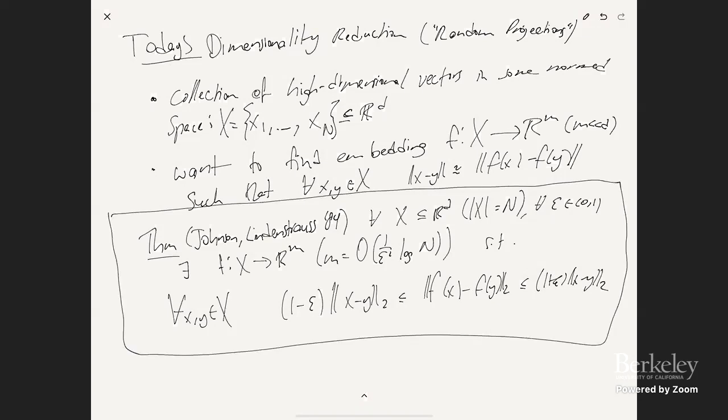And we do know that this bound is optimal. There exist point sets requiring, let's say, the min of 1 over epsilon squared log n dimension, as long as epsilon is not too small.